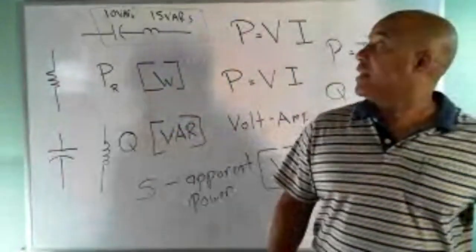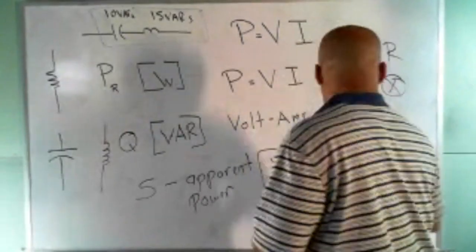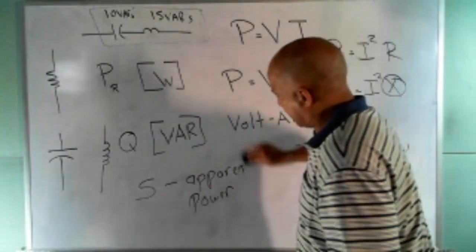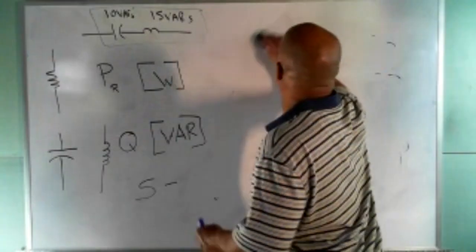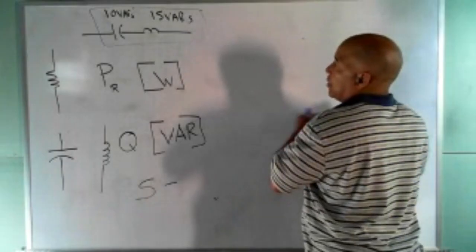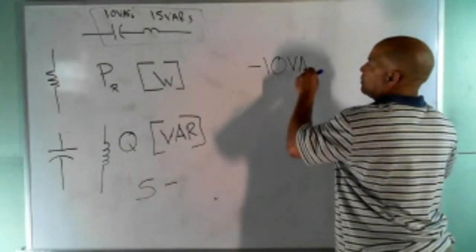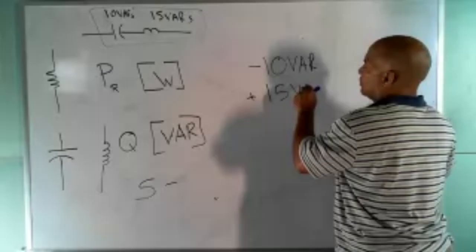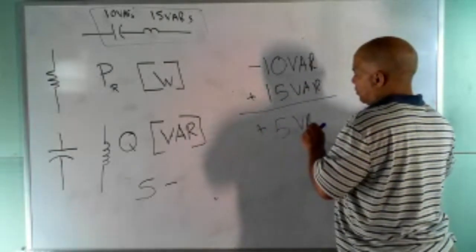And notice in the parentheses it says inductive or capacitive. What that means is, let's say you go back to this. There are two ways to show the solution for the total power. I can say I got a negative 10 VARs, and I got a positive 15 VARs. So my answer is a positive 5 VARs.